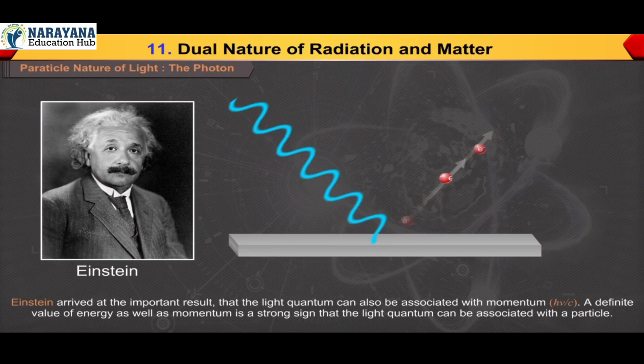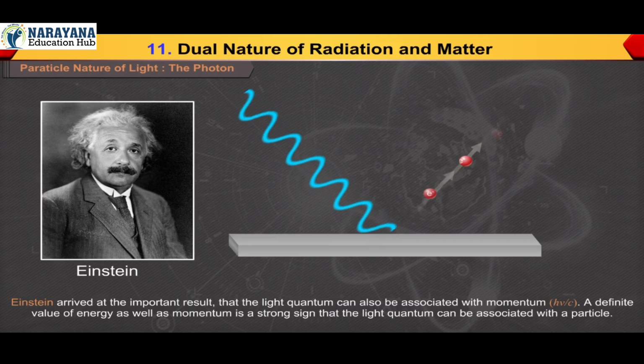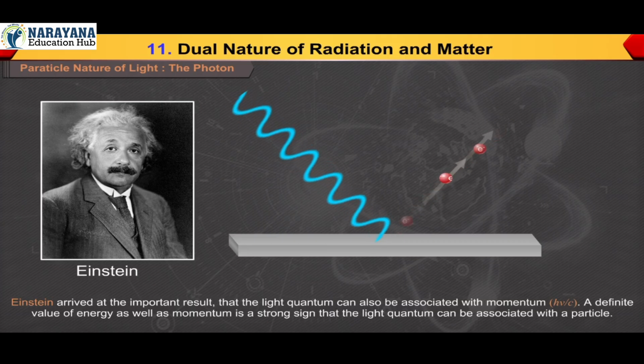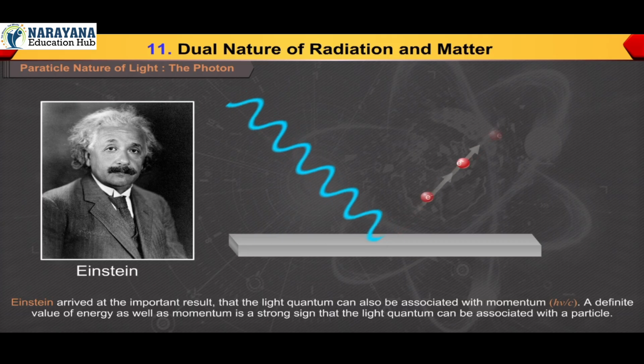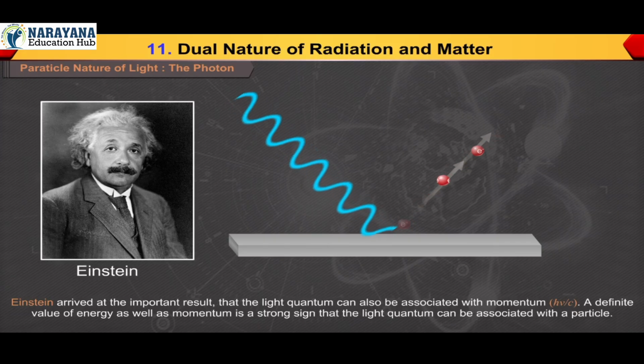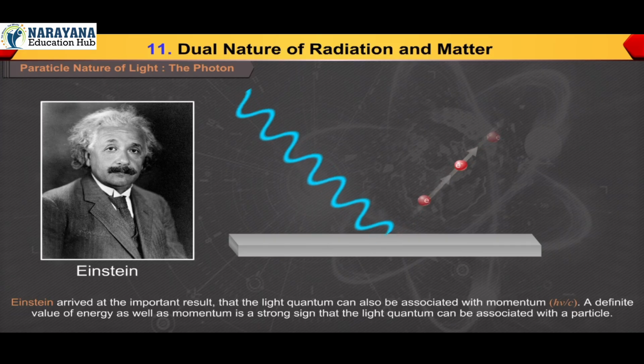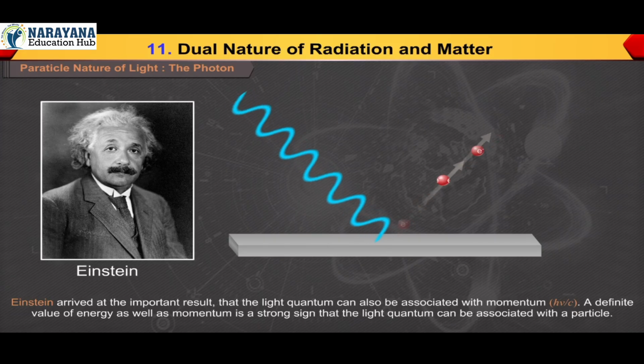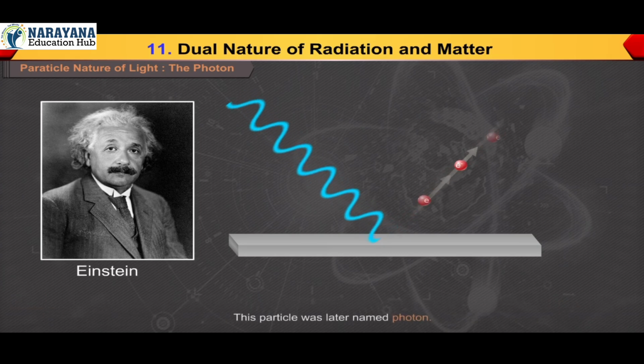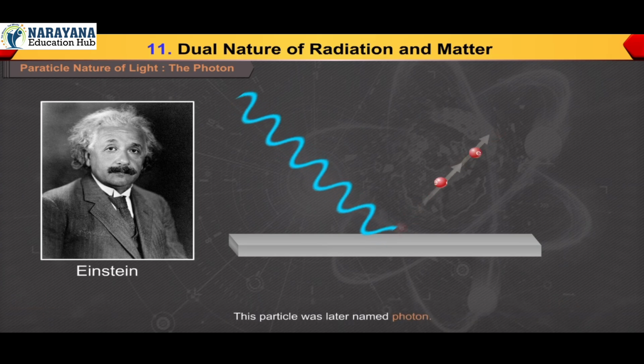Einstein arrived at the important result that the light quantum can also be associated with momentum h nu upon c. A definite value of energy as well as momentum is a strong sign that the light quantum can be associated with a particle. This particle was later named photon.